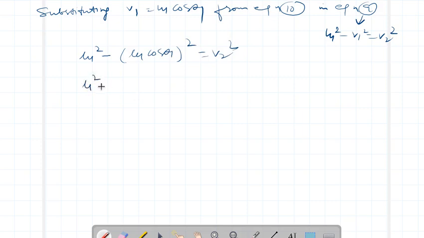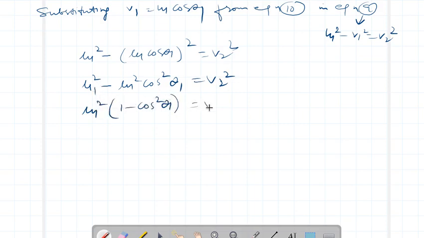So it is U1 square minus U1 square cos square theta 1 is equal to V2 square. But U1 square can be taken outside, so it is 1 minus cos square theta 1 is equal to V2 square, and its value will be sin square theta 1.